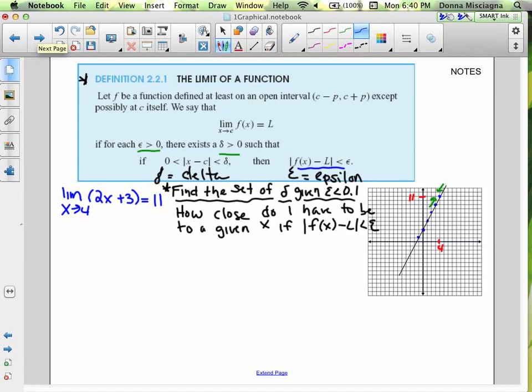So we have the absolute value of f of x minus L has to be less than epsilon. Now let's fill in the values, because I think it'll make more sense if we write that first. That's our first step. And this is just the formal limit definition. I'll put that underneath.